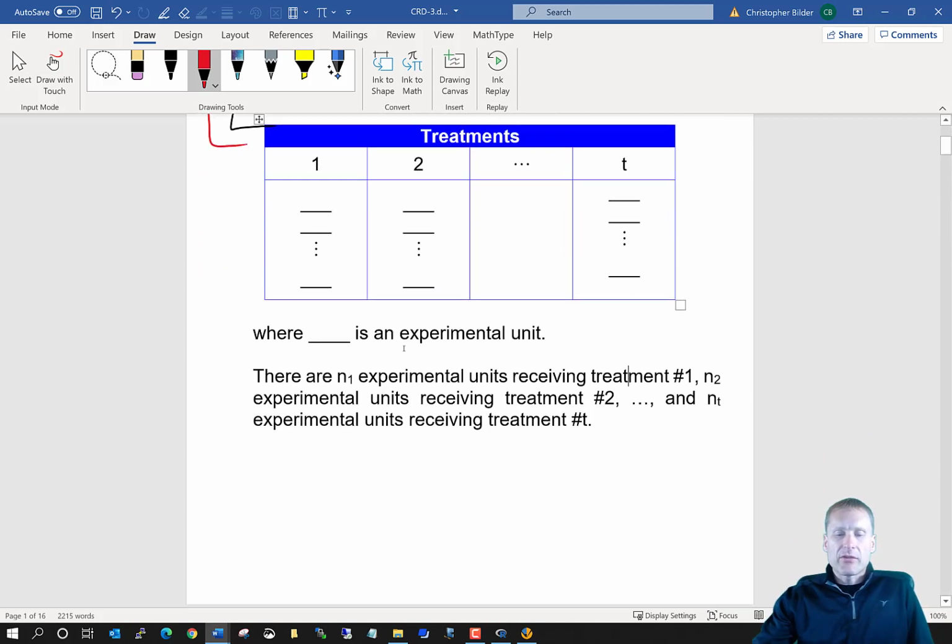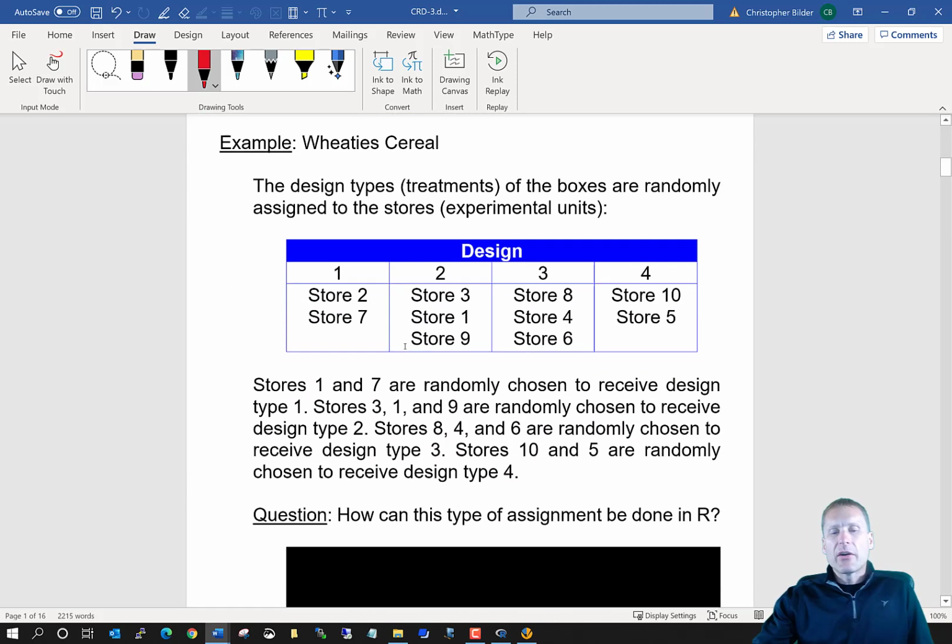Let's relate this now to the Wheaties cereal example. I have 10 experimental units, which would be stores in our particular case. I could get slips of paper where I write a particular store number on each slip.